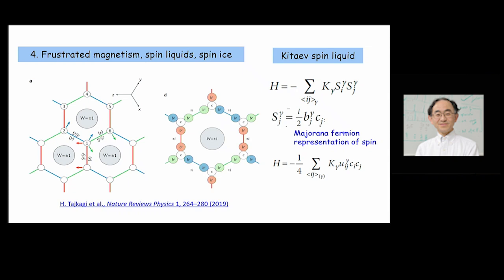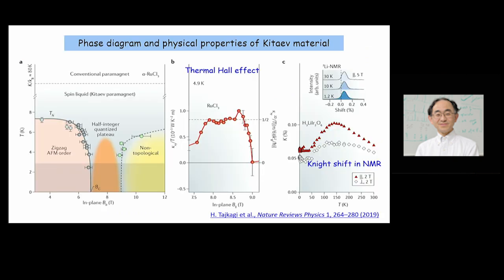So you can talk about the dispersion of Majorana fermions, and this exact solution has lots of interesting properties, such as gap opening under the magnetic field, and you have chiral Majorana fermions.